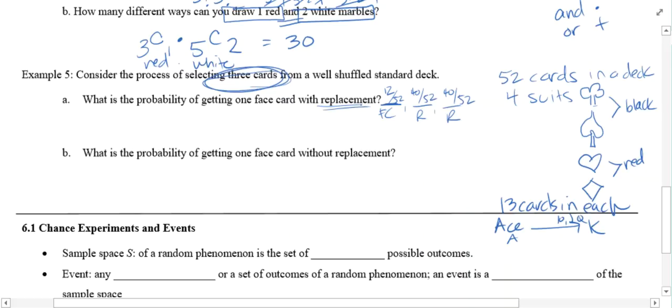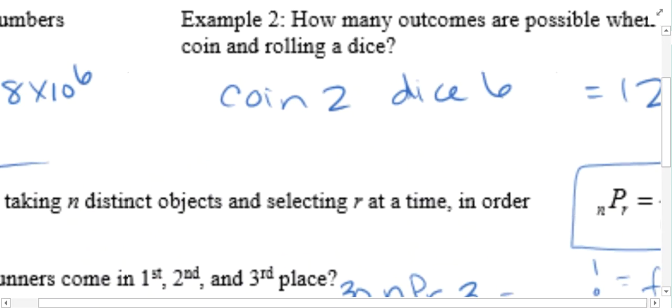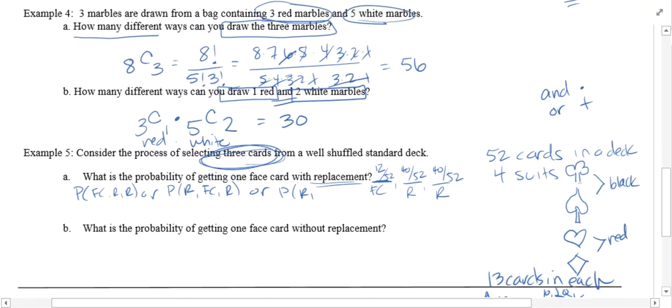The thing is, does it have to be in this particular order? Does it have to be the face card first? No, it could actually come in any order. So really we want the probability that we get a face card and then a regular card and a regular card, or a regular card and then a face card and then a regular card, or we get the face card last, regular, regular and then face card.